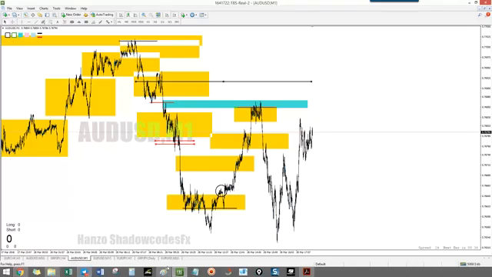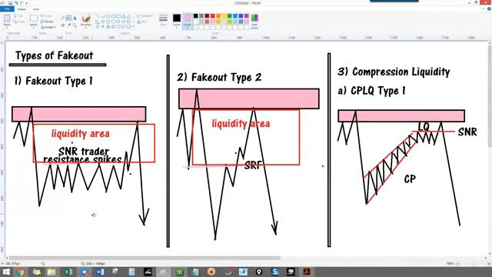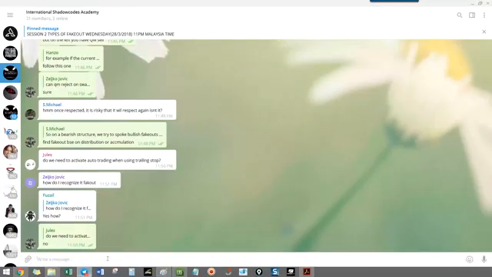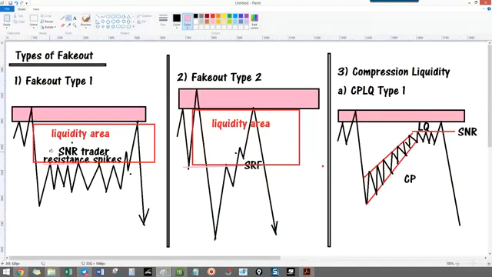How to spot a fake out? Do you want me to draw on the chart or what? Okay. This is how you spot. You see a lot of resistance. This is fake out type 1. You have an SRF, and then it went up and went down again. This is fake out type 2.